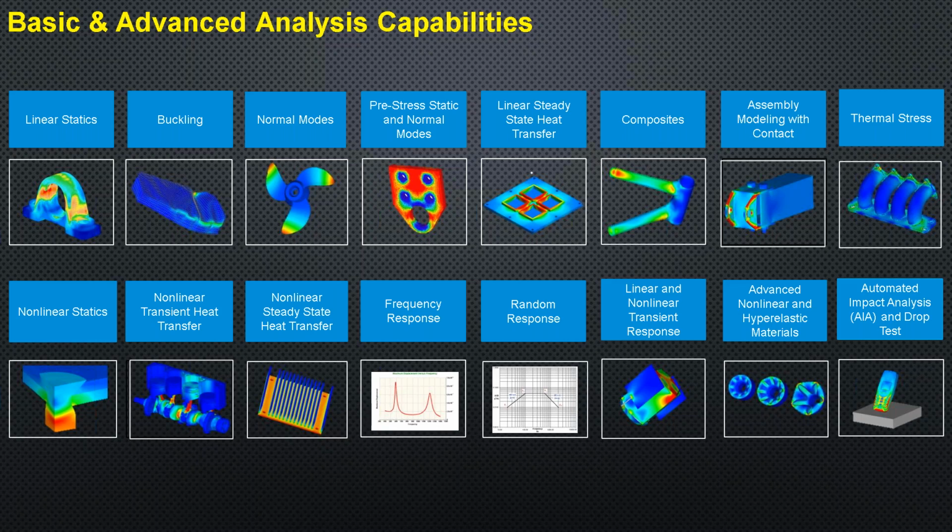Nonlinear transient heat transfer, so again, another heat situation, but this time a time variable comes into play. We also can perform nonlinear steady state heat transfers, as well as frequency response, random response, linear and nonlinear time dependent responses. We can work with advanced nonlinear materials such as hyperelastic and polymer materials.